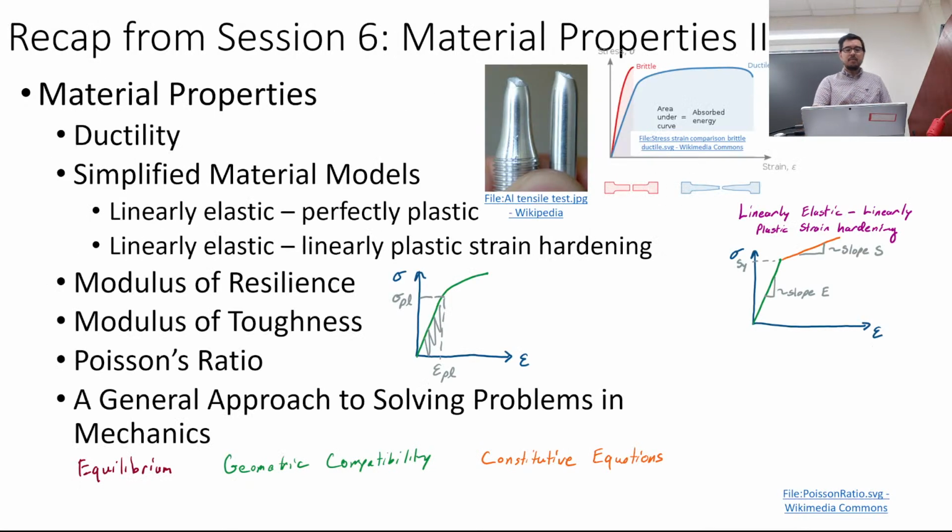So last time we had the opportunity to discuss different material models: the linear elastic perfectly plastic model, the linear elastic linearly plastic strain hardening model, and we introduced some characteristics of materials: their resilience, their toughness, and the Poisson's ratio.